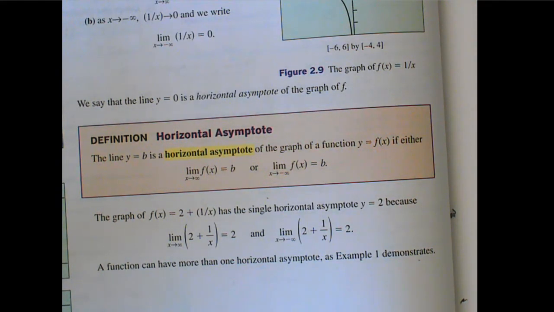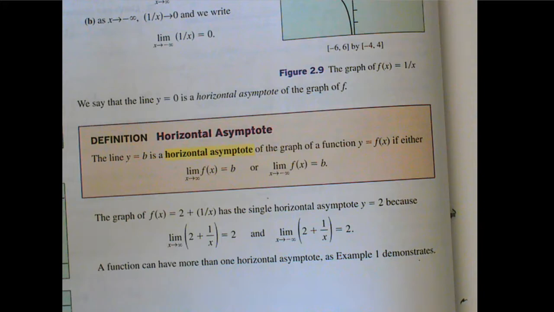Because we have the words to describe things using limits, we now have the tools to describe what a horizontal asymptote is. The line y equals b is a horizontal asymptote of the graph of a function y equals f of x if either the limit as x approaches infinity of f of x is equal to b, or the limit as x approaches negative infinity of f of x is equal to b.